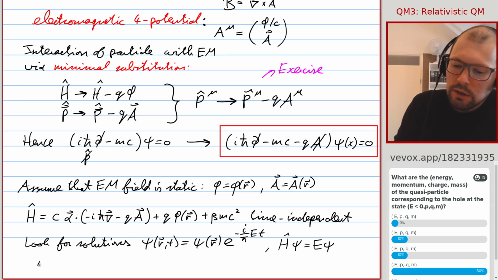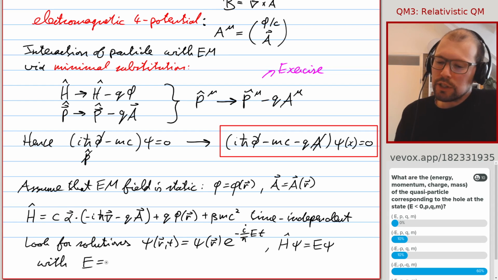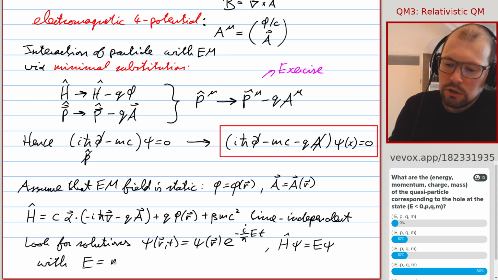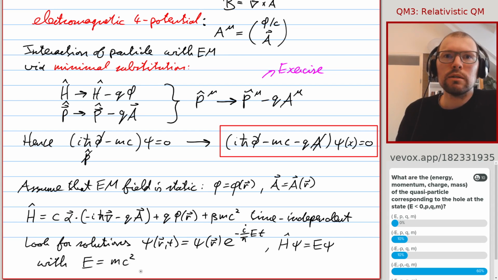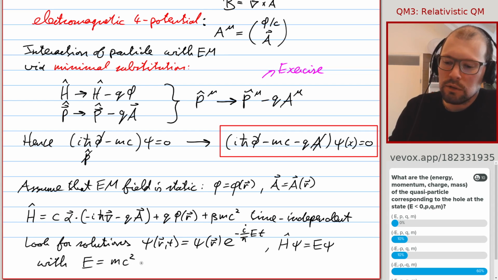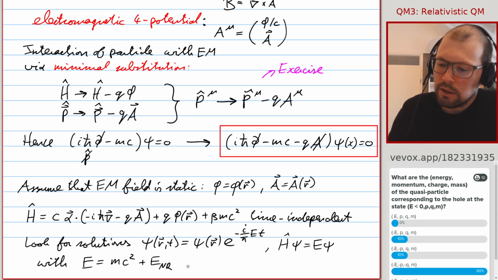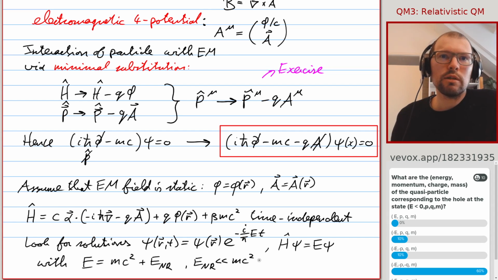So that means we want to look for solutions that have an energy, well, what should it be? Note these particles include the rest energy in their Hamiltonian. So they will have energy mc squared plus a non-relativistic energy. And this non-relativistic energy, we will assume it to be much smaller than mc squared.